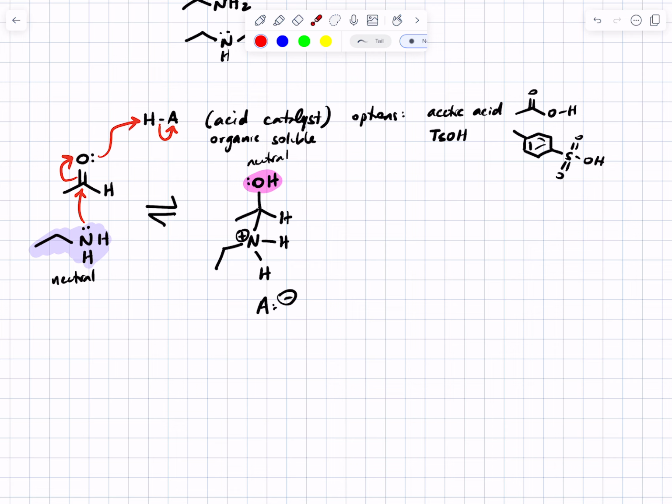But what if instead the negatively charged conjugate base removed a proton from the nitrogen? That would make the nitrogen a much worse leaving group. Do you see how before, if nitrogen left, it could leave as a neutral amine? Once we remove that proton, if nitrogen got kicked off, what would it have to be?